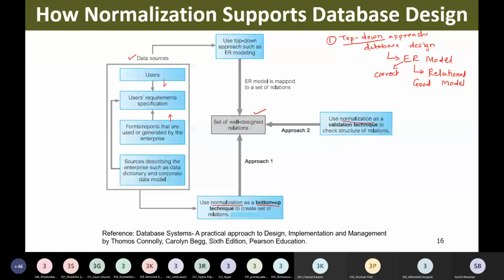Have you understood the top-down and bottom-up approaches and how normalization supports the database design? Any doubts so far? Ma'am, can you repeat once again?